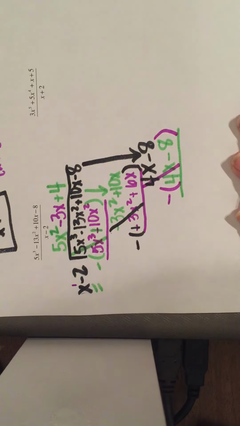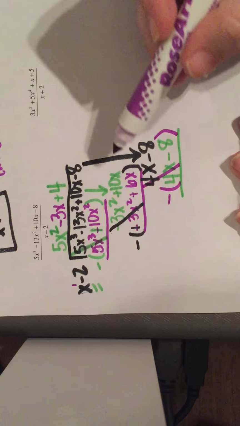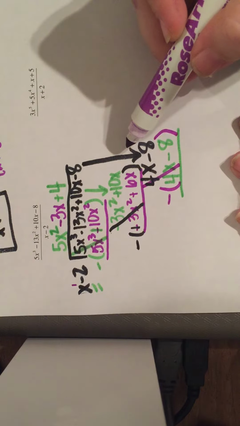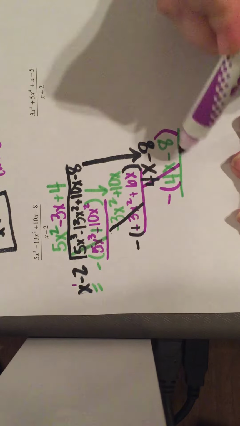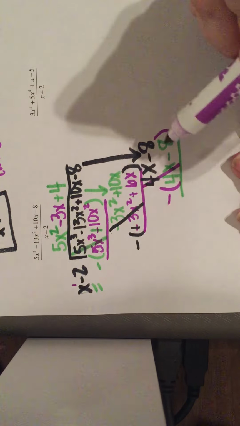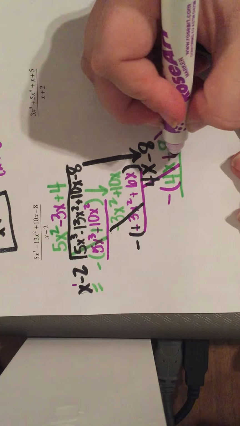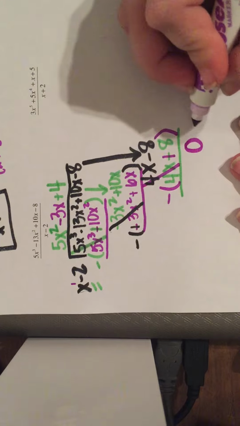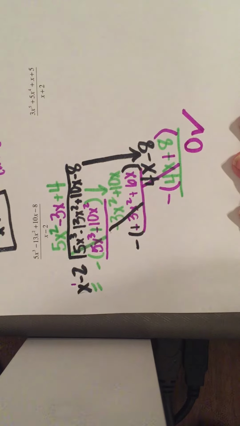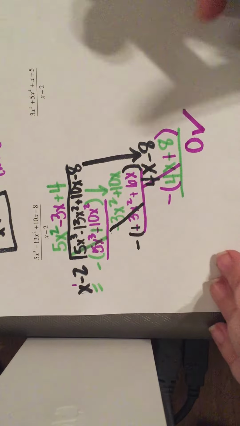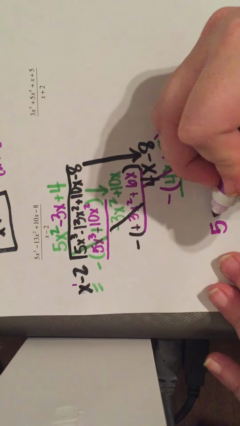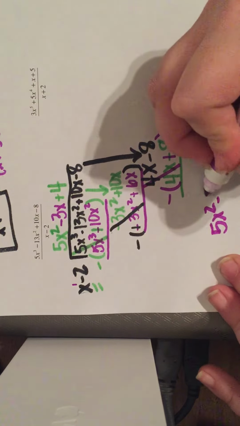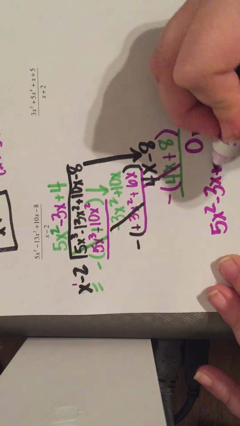They cancel out. And then negative 8 minus negative 8. Remember, minus negative turns into a positive. So negative 8 plus 8 is 0. So that means we have no remainder. So the answer to this problem was 5x squared minus 3x plus 4.